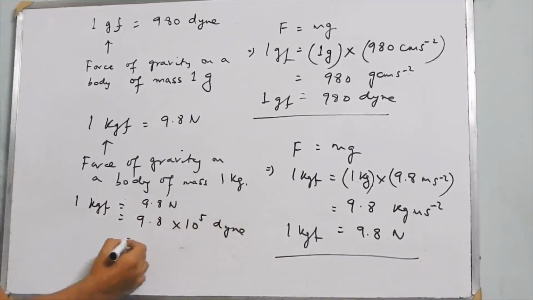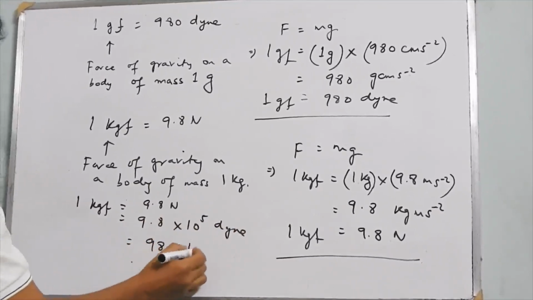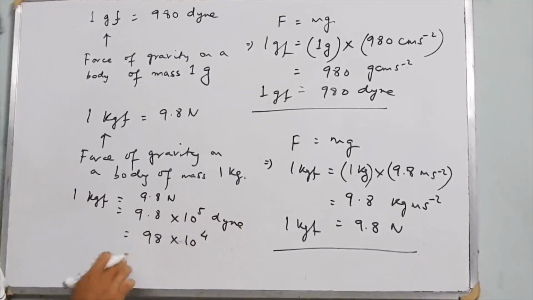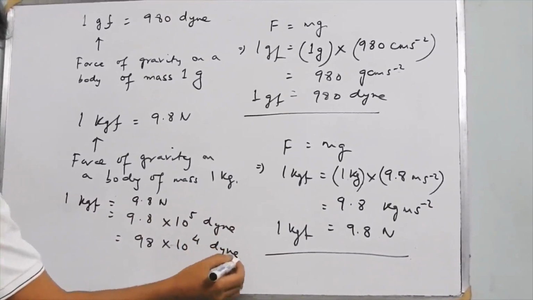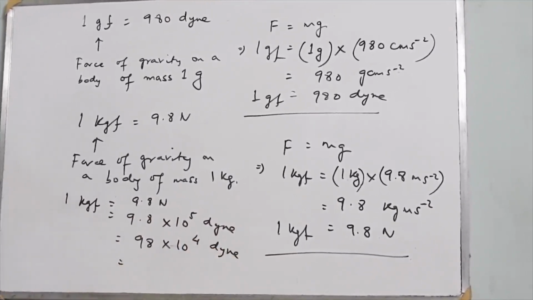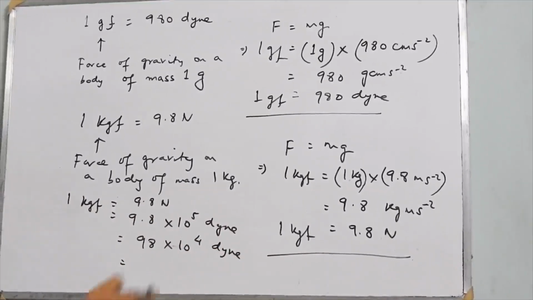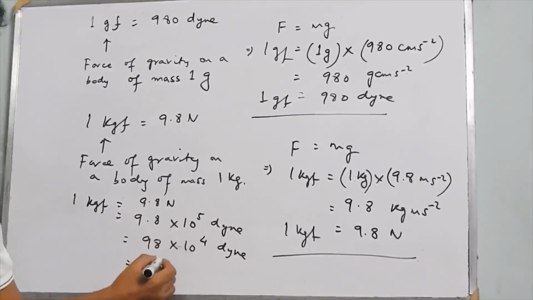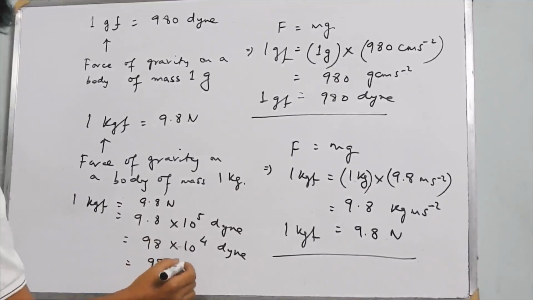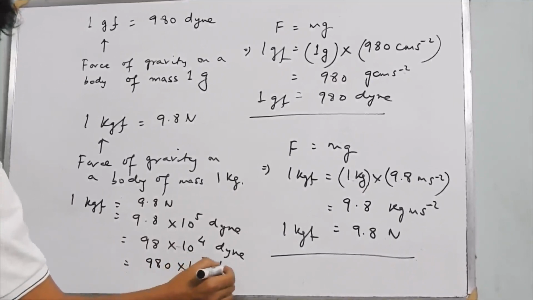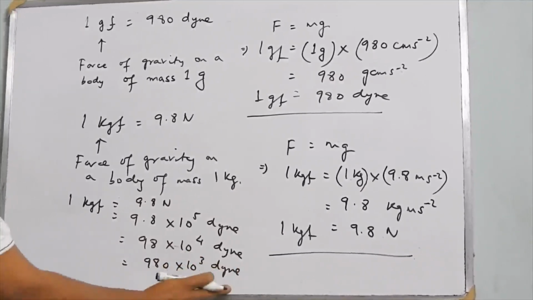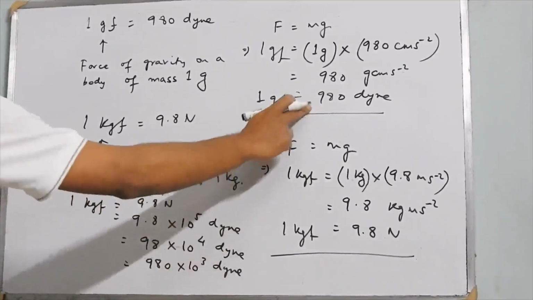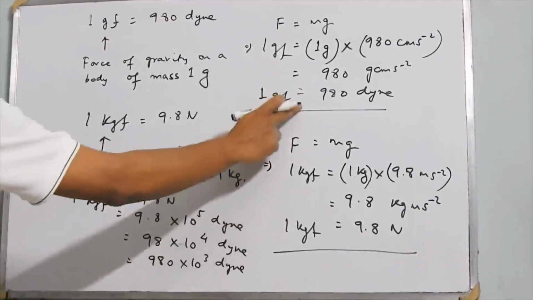So from here, if I write 98, we will get 10 to the power 4 dyne. Again, if I take 1 zero from here, I get 980 into 10 to the power 3 dyne. 980 dyne is 1 gram force.